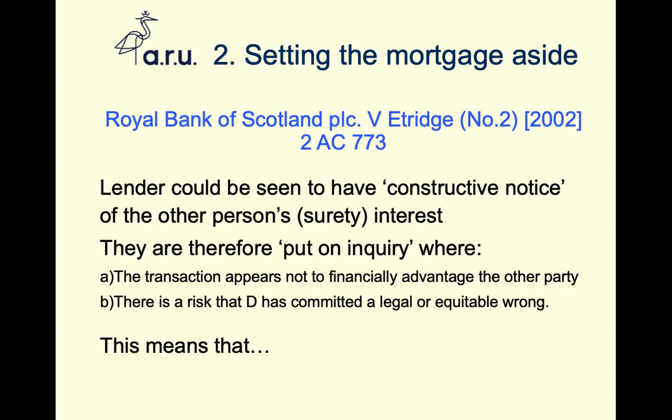So the bank aren't going to sit down with these parties and ask whether potentially someone's husband or wife have lied to them and put pressure on them to sign. All that this means is that the bank, where they see more than one signature on a mortgage, will have a procedure to follow. And that is known as inquiry. The bank will be put on inquiry where they see more than one person on a mortgage agreement.